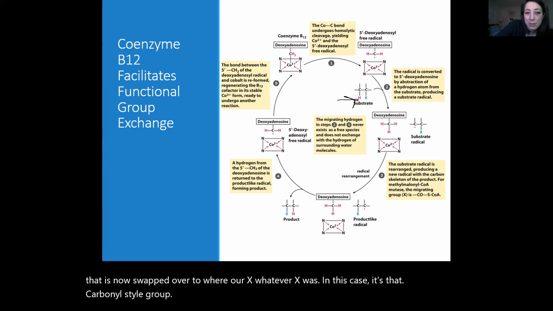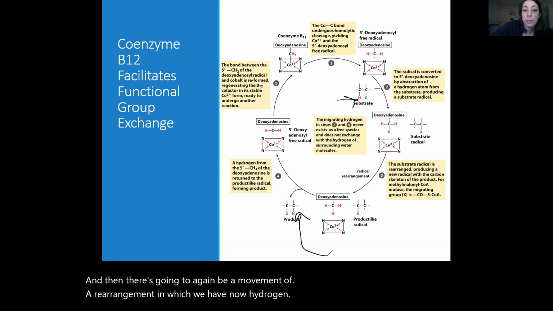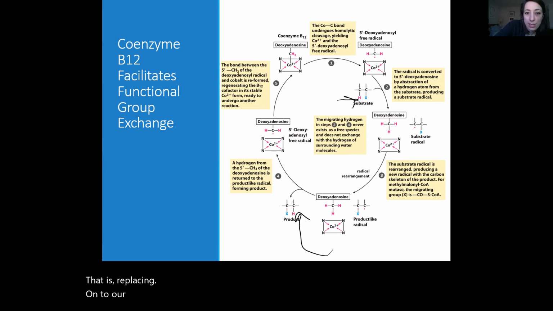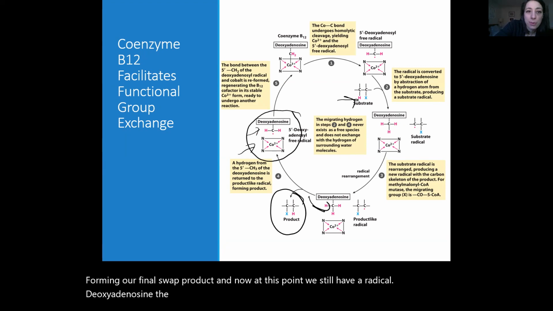And then there's going to again be a rearrangement in which we have hydrogen that is replacing onto our product off of the B12 complex, forming our final swapped product. And now at this point, we still have a radical deoxyadenosine and the cobalt backbone.